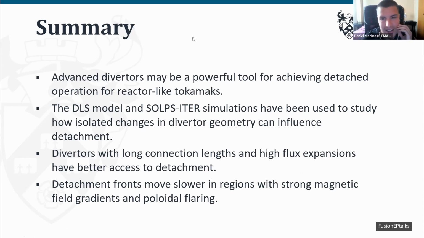I also did an internship at Compass doing nitrogen seeding to achieve detachment, and now that I'm doing my PhD in impurity transport, maybe it's not very related to your topic, but I am thinking about how impurities, I mean material coming from the wall, could be taken into account in these models.